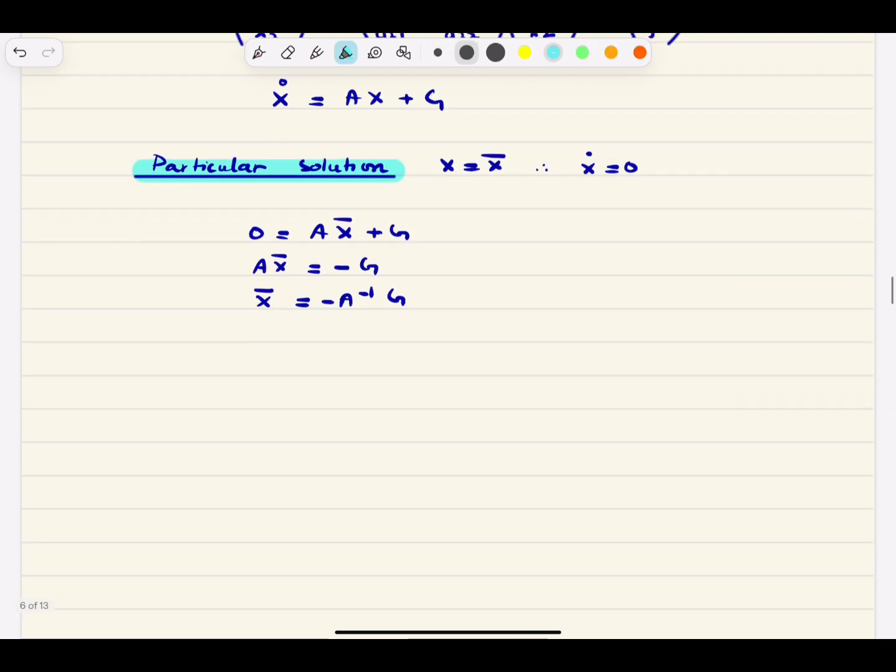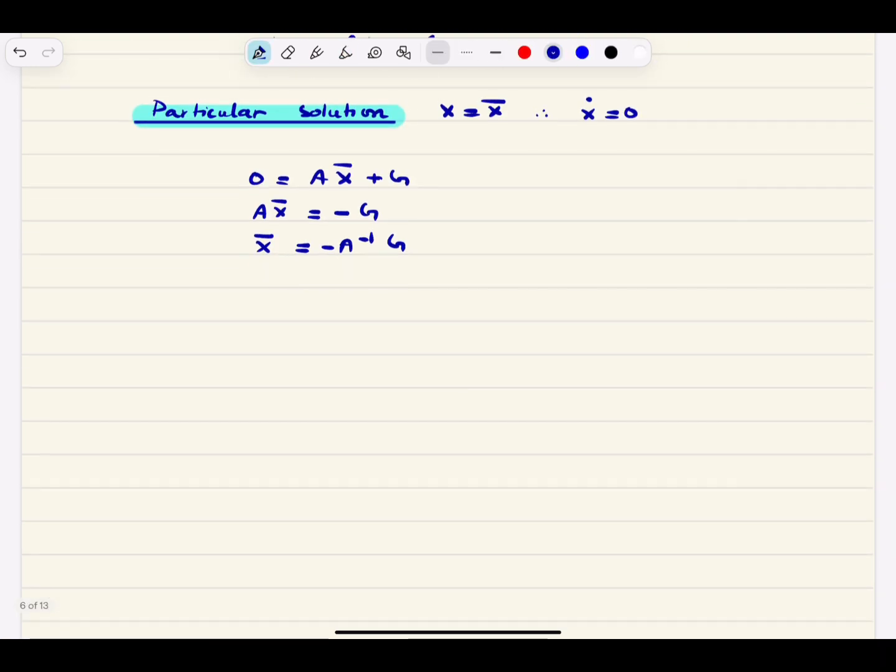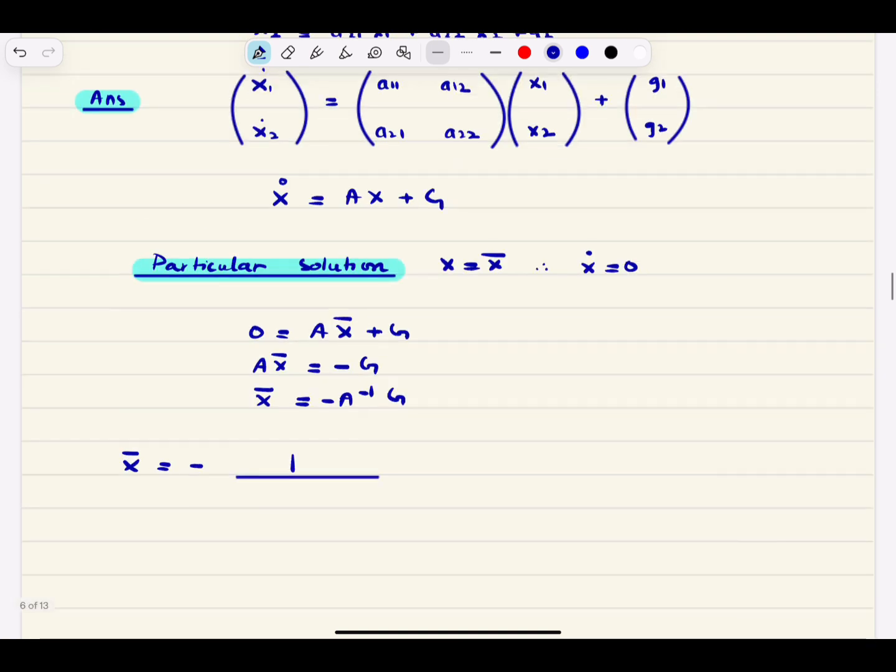So what is this going to look like? For instance, I have the matrix A. I'll first need the determinant, a11 a22 minus a21 a12, and then I switch these and I change the sign here. And what was g? It was this column vector.